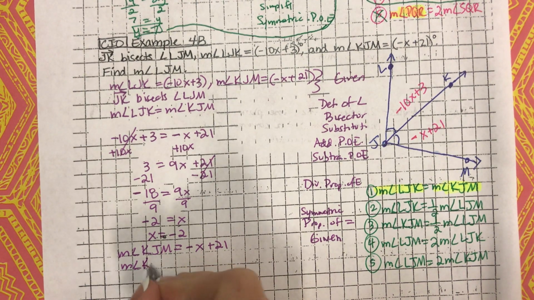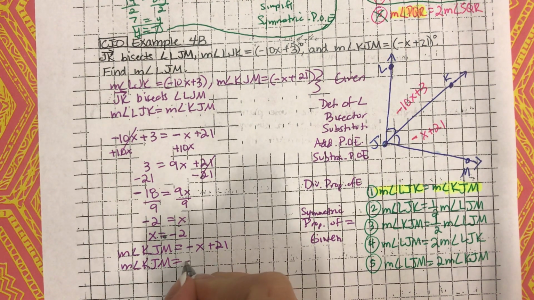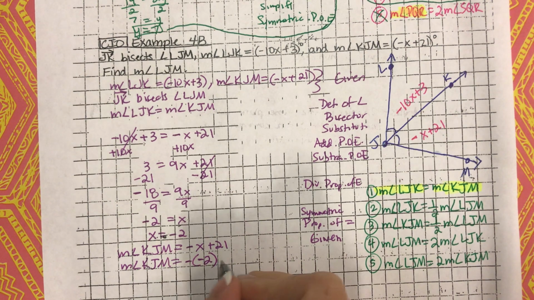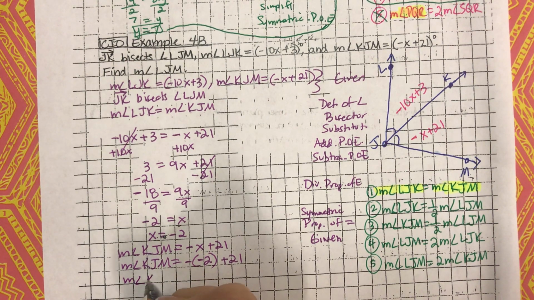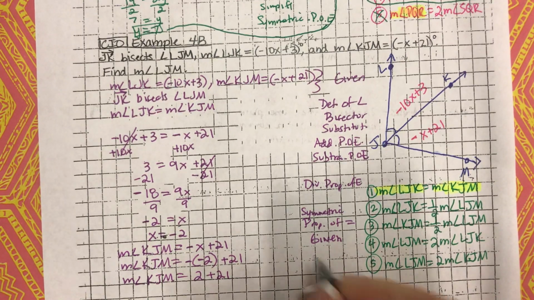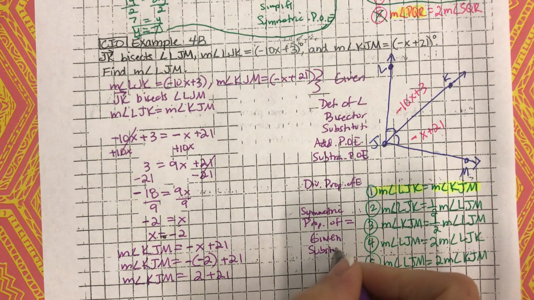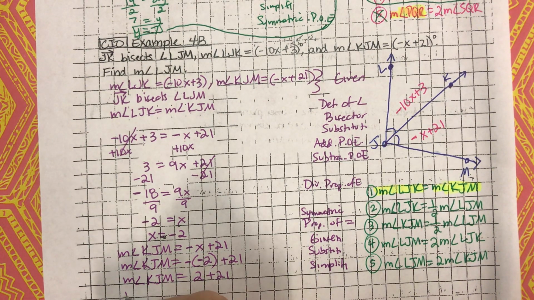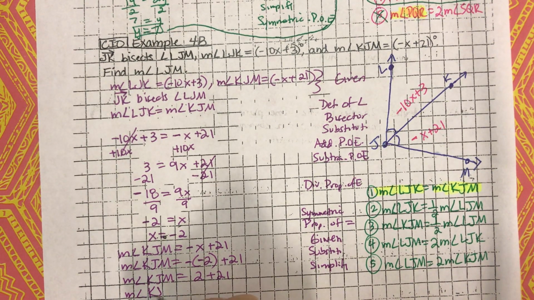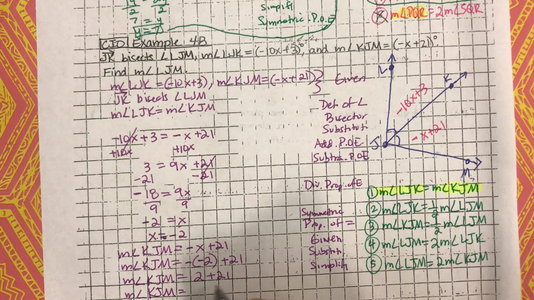So I'm going to substitute it. When I do this, it's going to give me a value, right? Negative times a negative is a positive, so that's just 2. 2 plus 21. So we had substitution, and now we're just simplifying. Okay, and so basically I have measure of angle KJM is equal to 23 degrees.